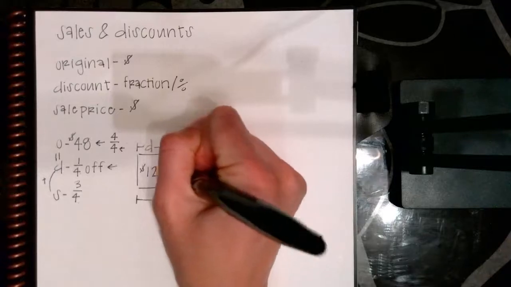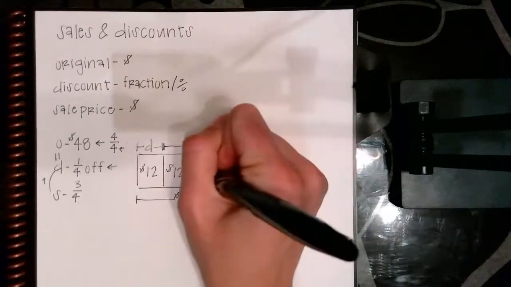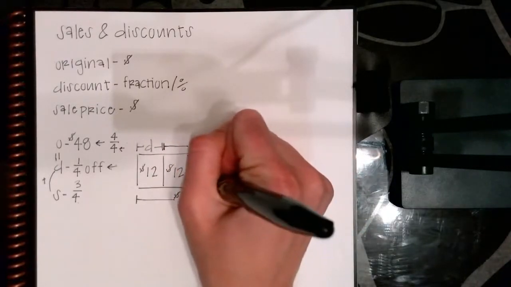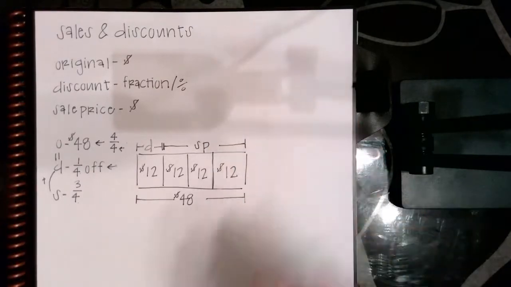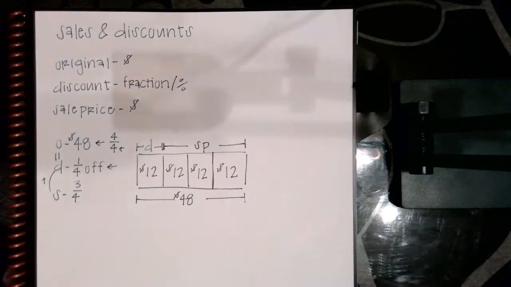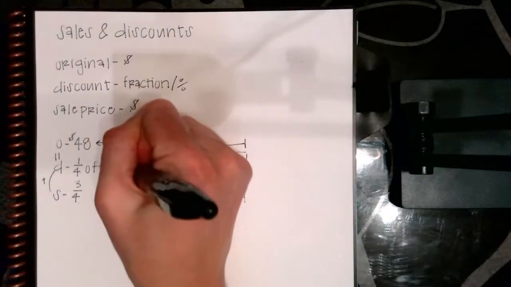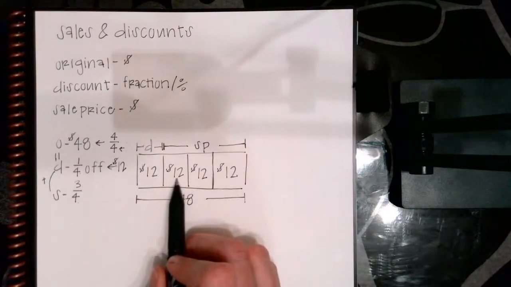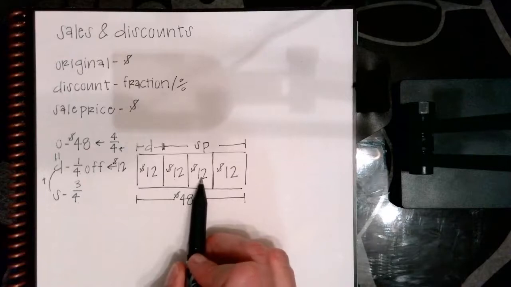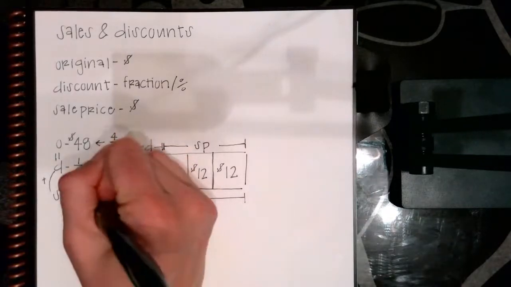So each box is worth $12. That means my discount was $12 off, and my sale price was $12, $24, $36.